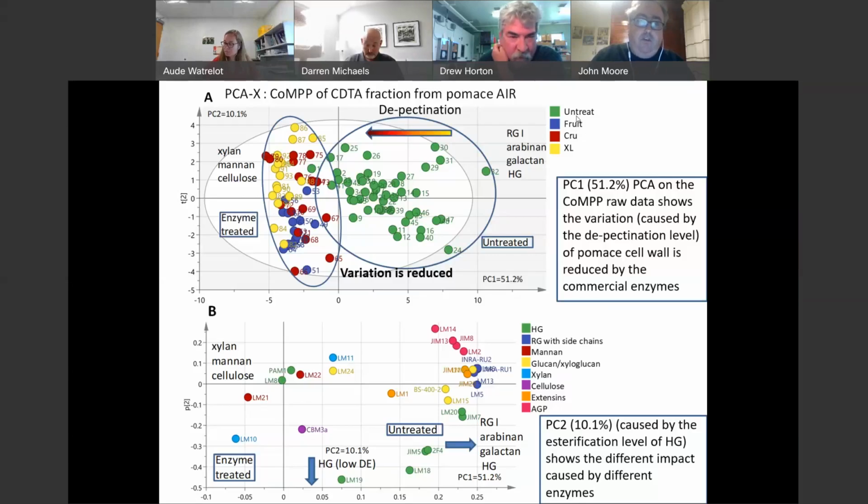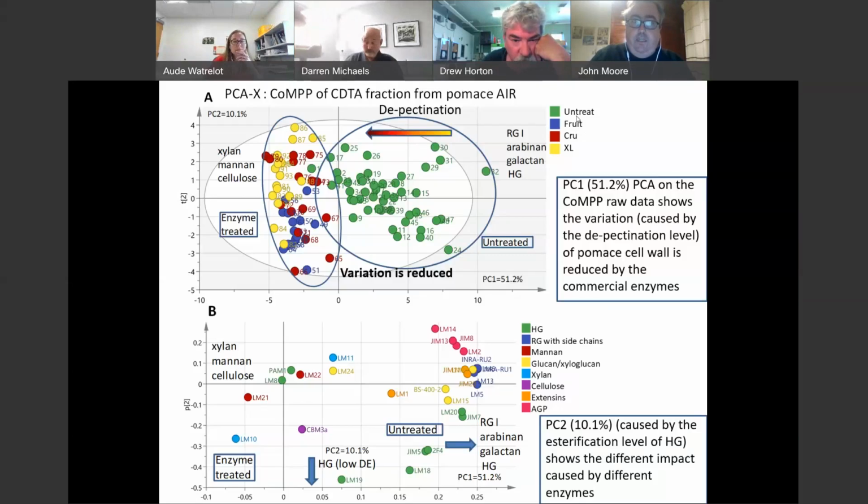And so the enzyme-treated samples on the horizontal axis indicates the reduction in pectin qualitative and antibody probe signals. Interestingly enough, in the vertical axis, which is 10% of the variation in PC2, this is related to esterification levels of the HG.